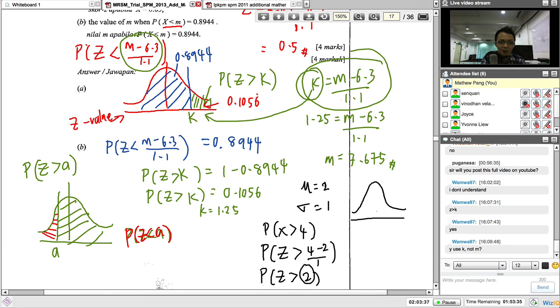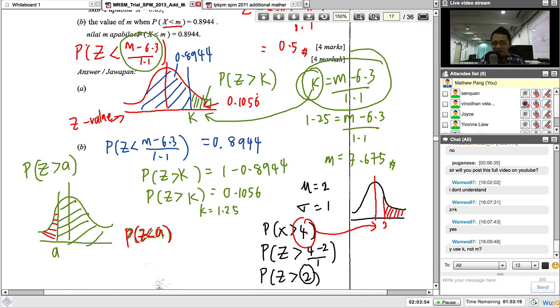So my Z value here is actually 2. So what I will do is draw this line, and then draw a 2 here. And this is the zone I want to find. I cannot write 4 over there.